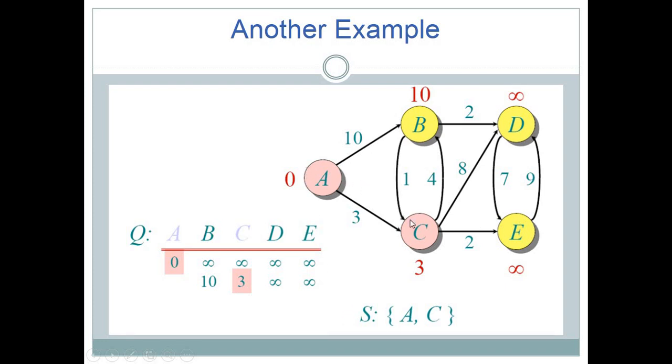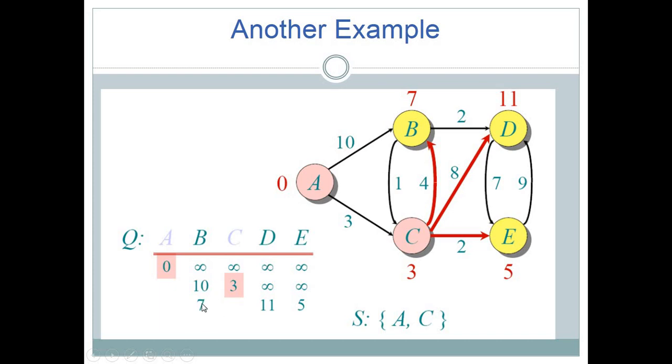So from C, if we go to B, then it will be 3 plus 4, so it is 7. The previous distance is 10, so we will replace it with 7, because the A to B direct distance is 10, but if we go through A, C, and B, then it will be 3 plus 4, 7.